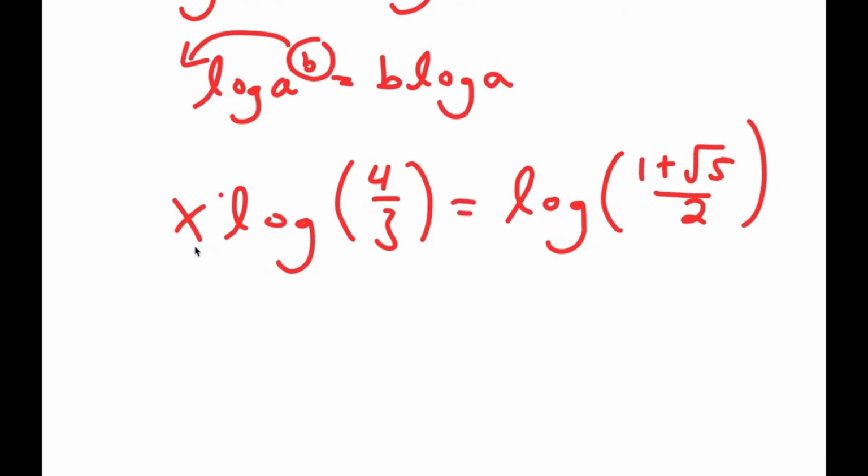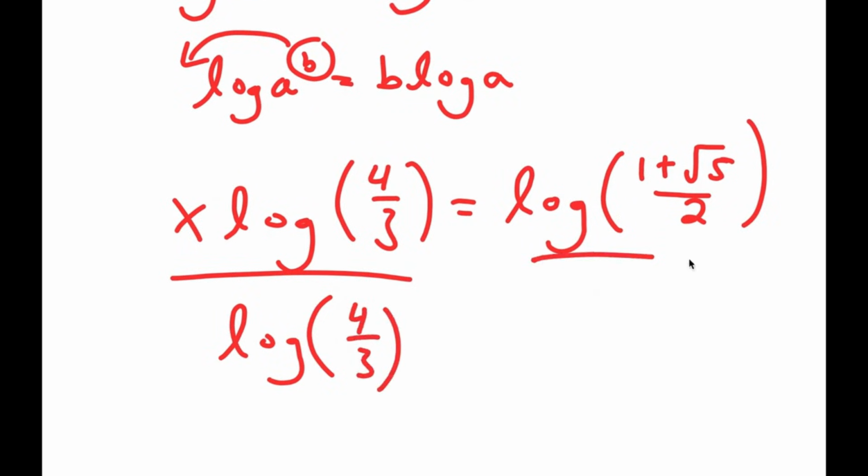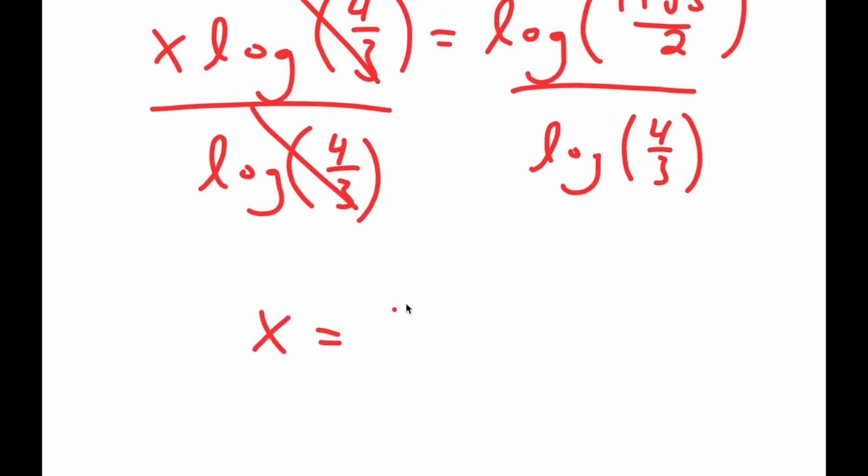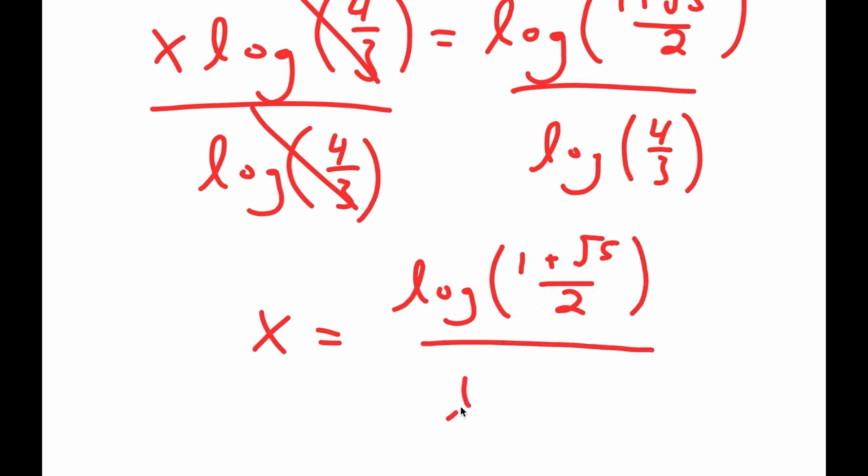So now that x is a term, we can isolate it by dividing both sides by log 4 over 3. So when these two cancel out, I get x is equal to log 1 plus the square root of 5 over 2 over log 4 over 3.